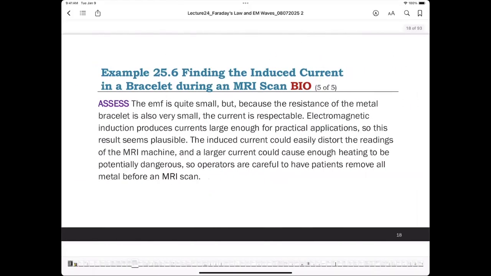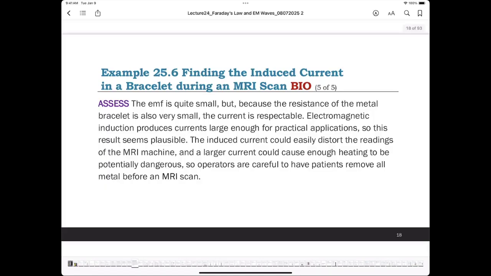Electromagnetic induction produces currents large enough for practical applications, so this result seems plausible. The induced current could easily distort the readings of the MRI machine, and a larger current could cause enough heating to be potentially dangerous. So operators are careful to have patients remove all metal before an MRI scan.